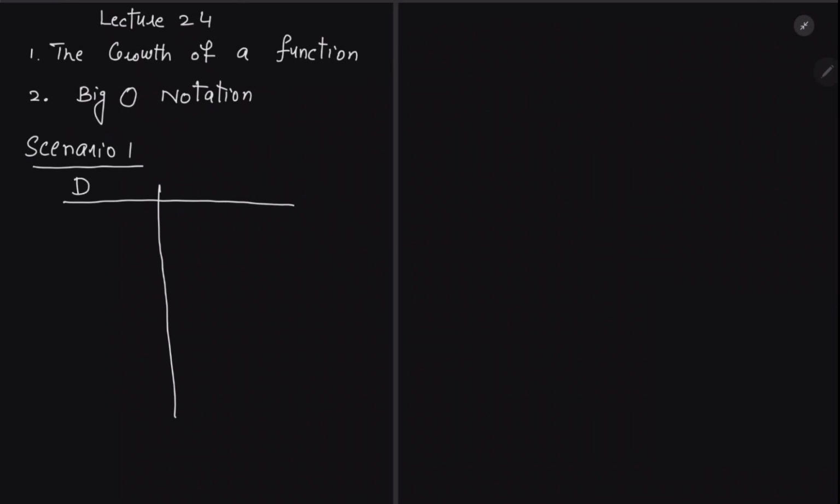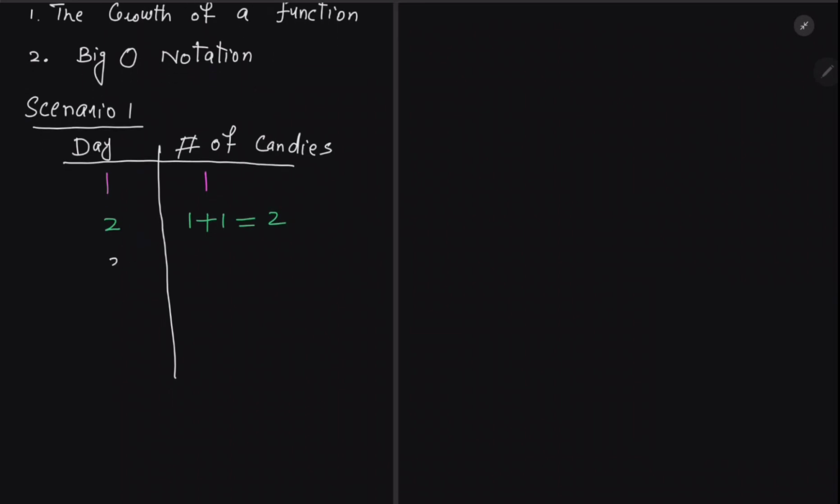Here we have day and here we have number of candies. You can assume that on day one we get one candy. On day two you get another candy. It means that 1 plus 1, you have two candies.